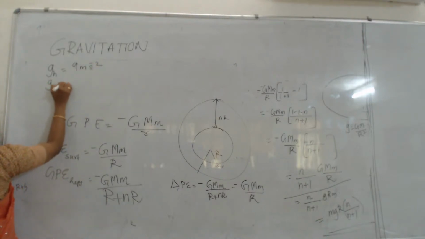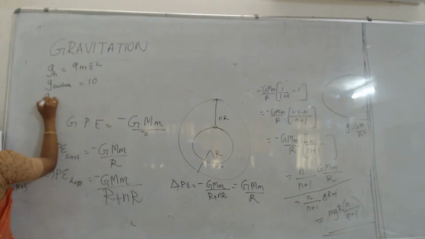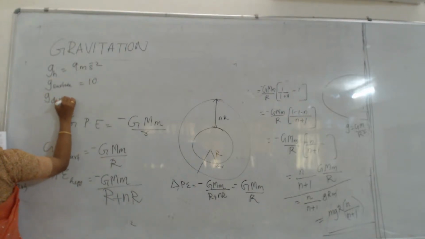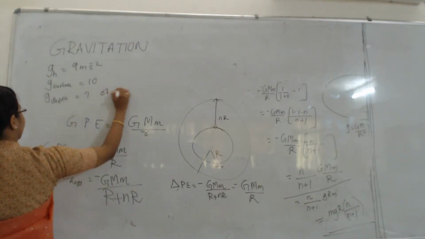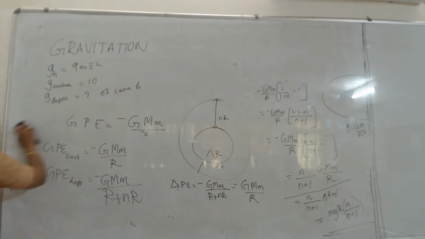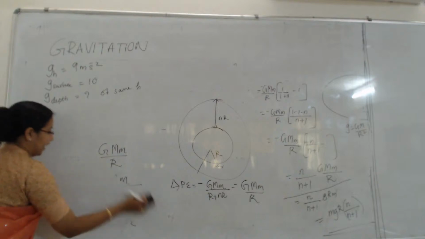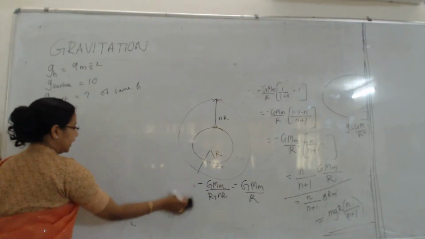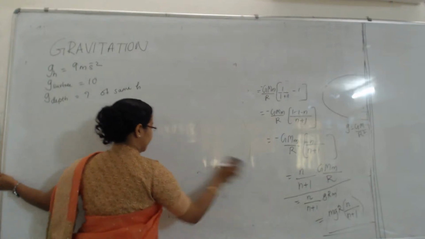G at surface is equal to 10. G at a depth of the same h, what is the value they asked? What's the question? They gave the h value, they gave the surface value, but they are asking what is the value at the same depth as the height you are taking.